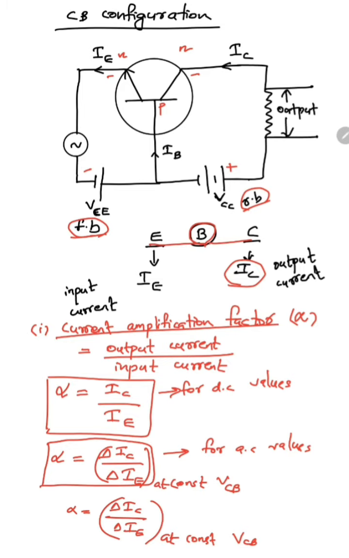Now we have to see the value of alpha. We know that alpha is equal to IC by IE. And we know the relation between IE and IC: IE is equal to IB plus IC. So we know that IE is always greater than IC. So what will happen? The denominator is always large. So alpha is always less than 1.